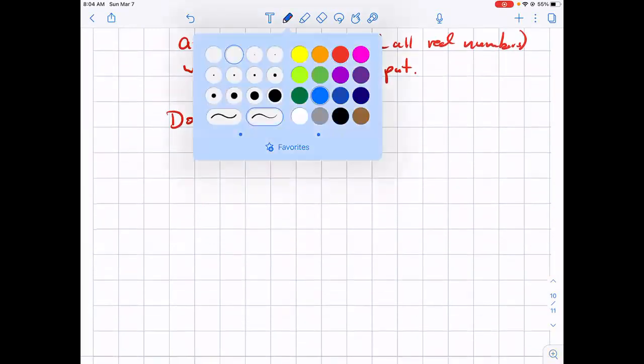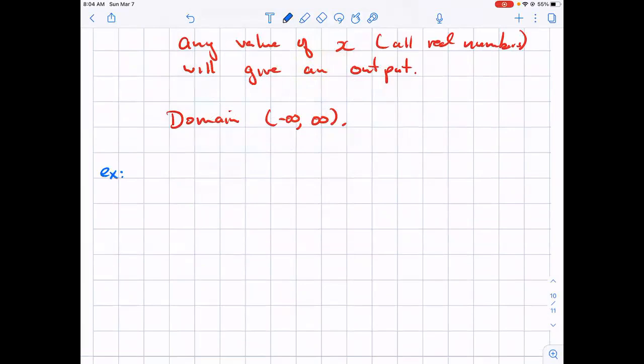How about if we look at another example? h of x is equal to the square root of x plus 6. Identify the domain.